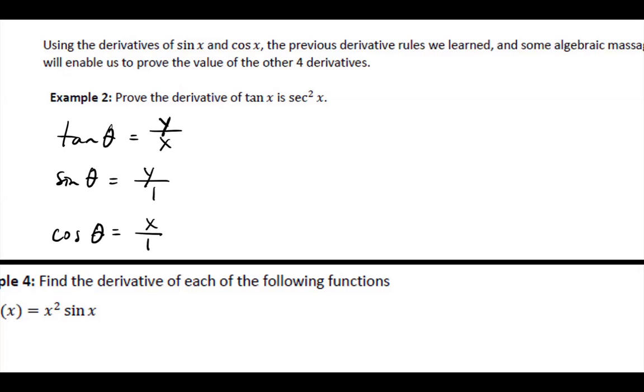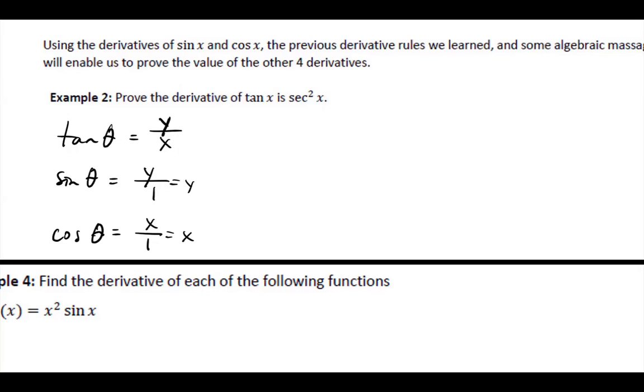So is tangent a combination of sine and cosine? Y over 1 is just y. X over 1 is just x. So isn't tangent just y over x, which is the same thing as sine over cosine?